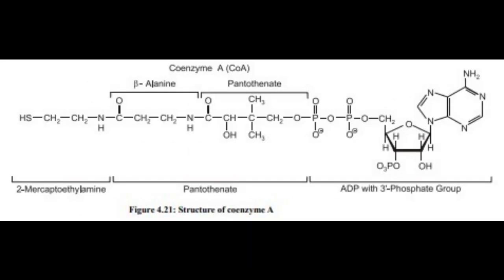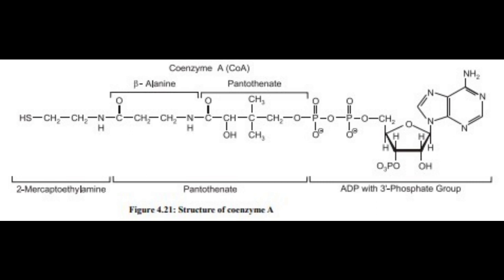Coenzyme A is derived from the vitamin pantothenic acid. This is abbreviated as CoA. This can be divided into two components, adenosine 3',5'-diphosphate and pantetheine, which is formed by the combination of pantothenic acid and mercaptoethylamine. Refer to Figure 4.21 to understand its structure well.